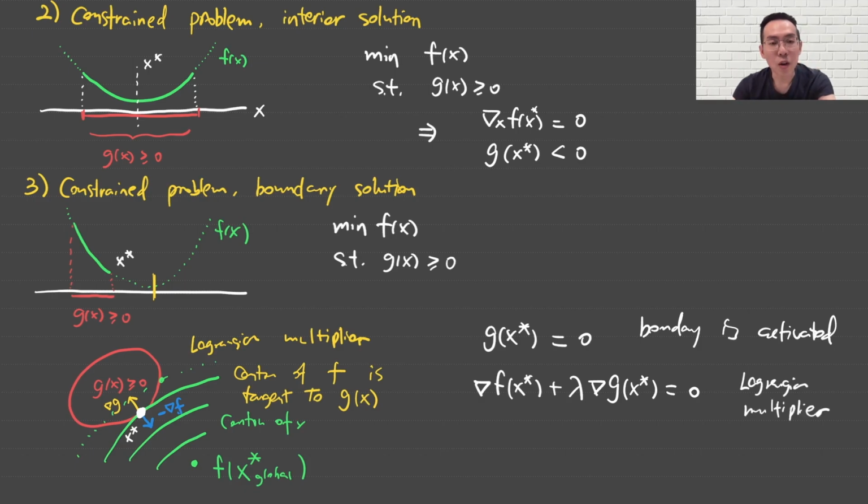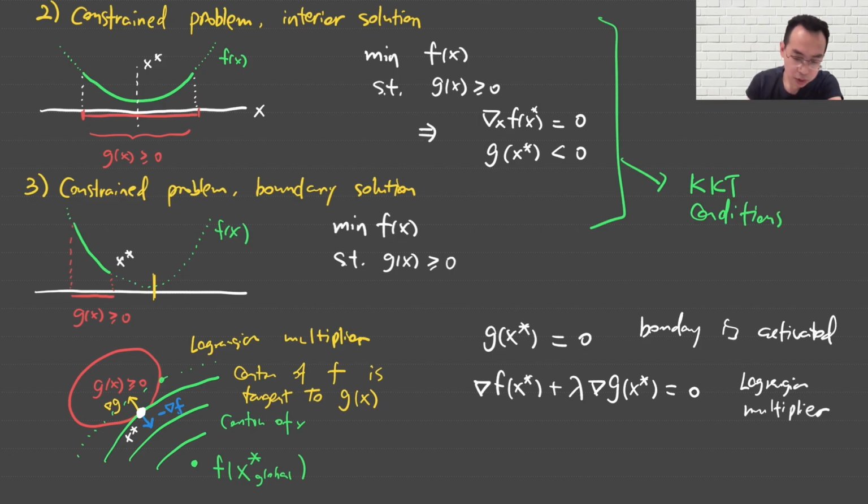So the idea of the KKT conditions is really a way to combine these two situations into one framework, right? If we combine these two together, that gives us the KKT conditions.